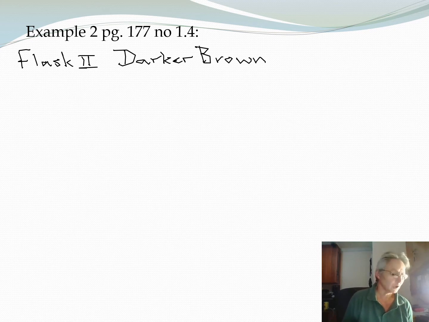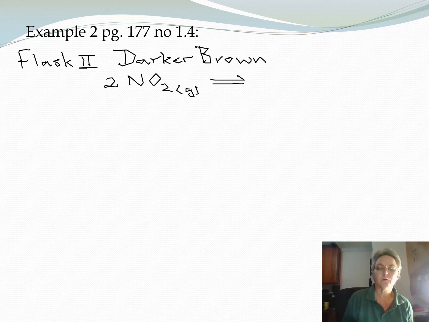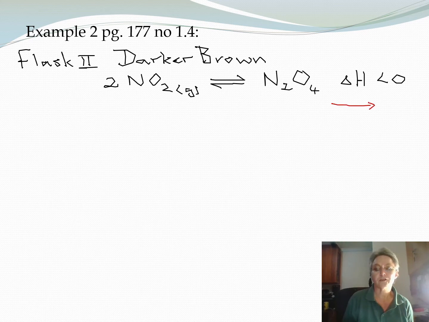Now, if we go to number 1, where 2NO2 is in equilibrium with N2O4, and they say that delta H is negative, the forward reaction is exothermic. So the forward reaction is exothermic.